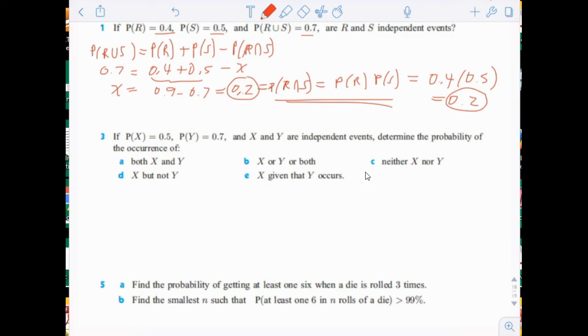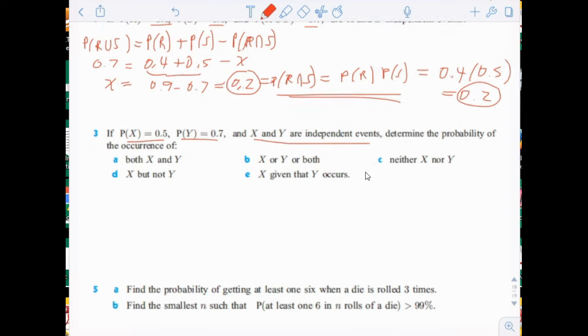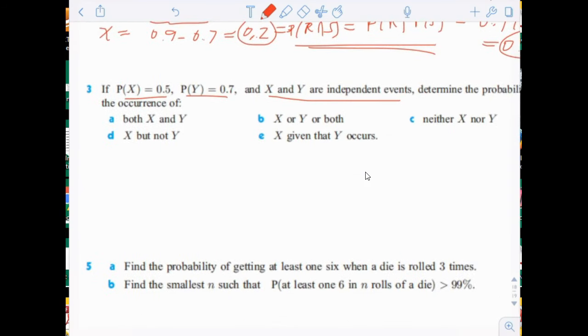Number 3. If the probability of X is 0.5, the probability of Y is 0.7, and X and Y are independent, determine the probability of the following. And they give us a bunch of things to calculate the probability for. The first one is, find the probability of both X and Y happening.